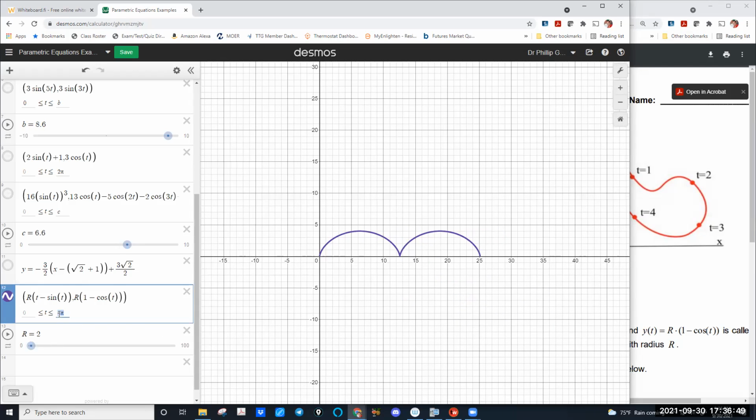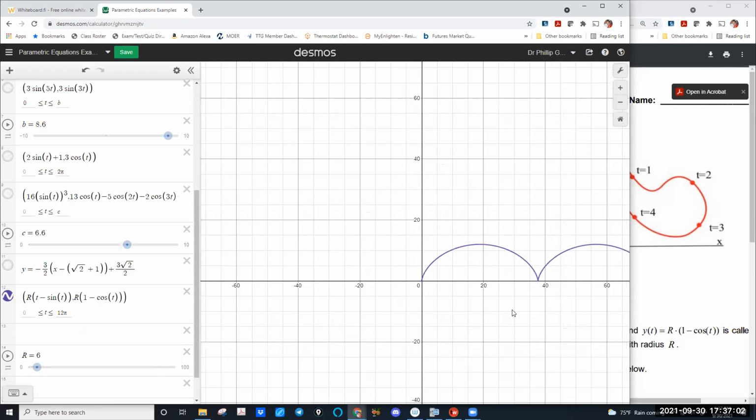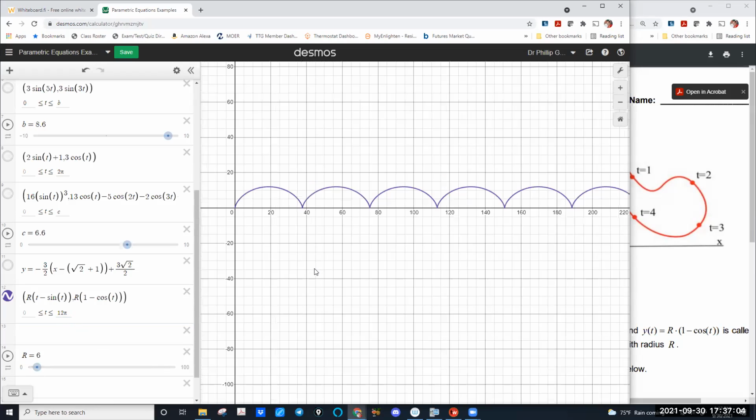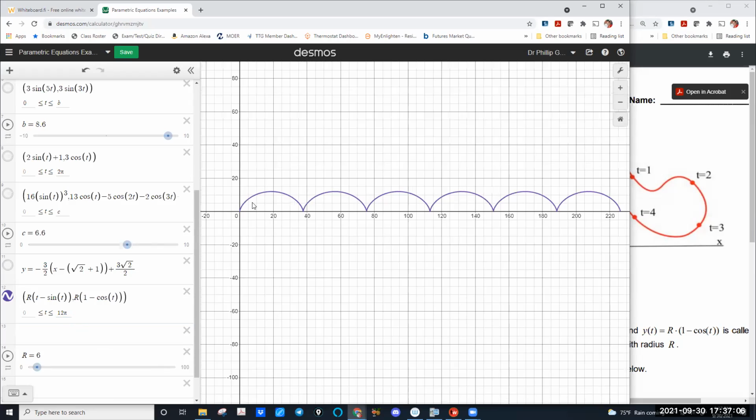And now as I increase this, and this is something, again, you guys can play around with. It's kind of cool. All right, now here's what happens if we increase R. It increases the radius of the cycloid. And the parameter is how many cycles you're getting, okay?